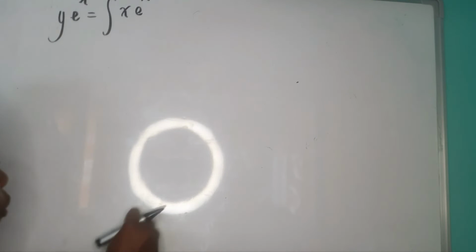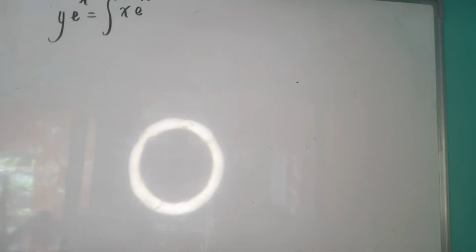Looking at that, we realize we have a product, x and e to the x, so we know we need to find the integral of that. But how are we going to find the integral of x e to the x? What kind of integration can we do? You need to note that.